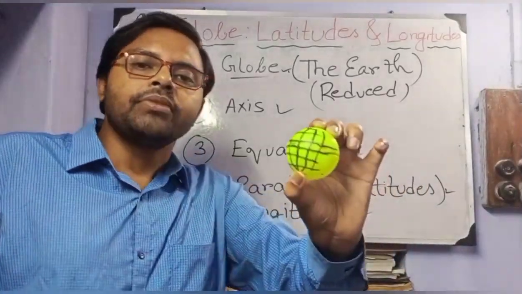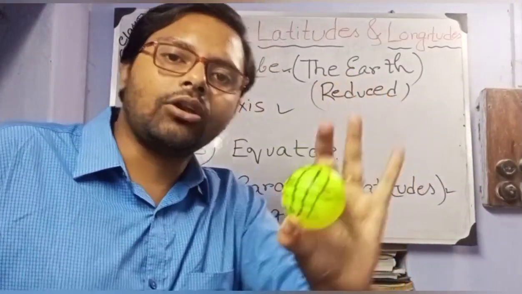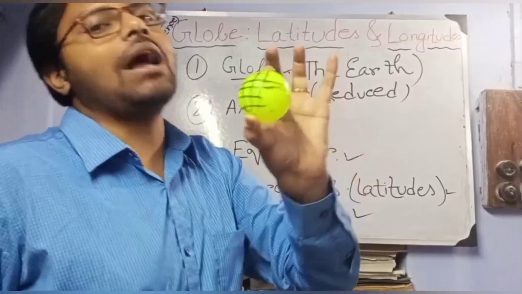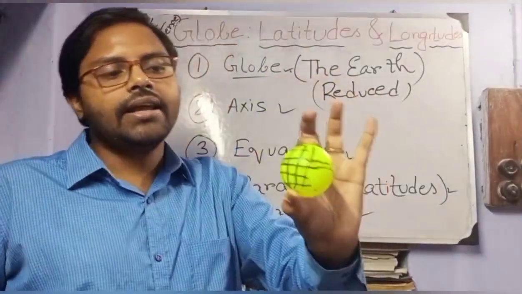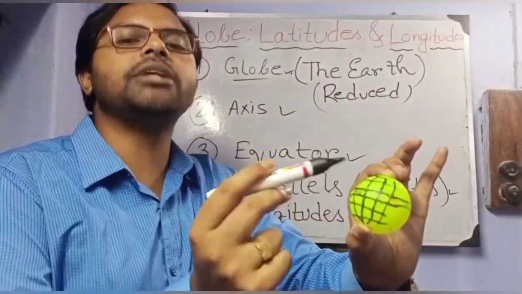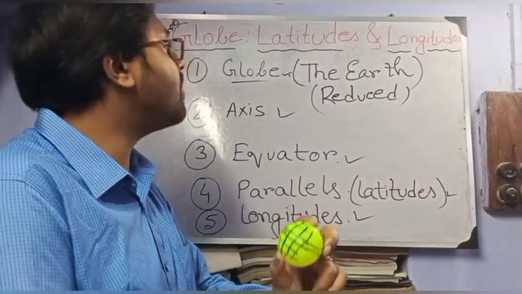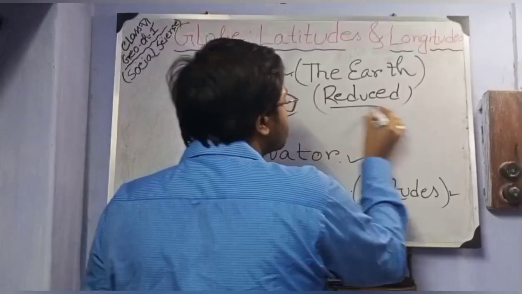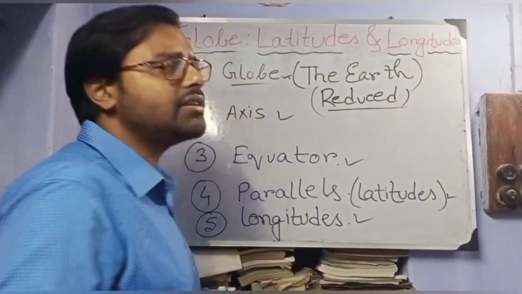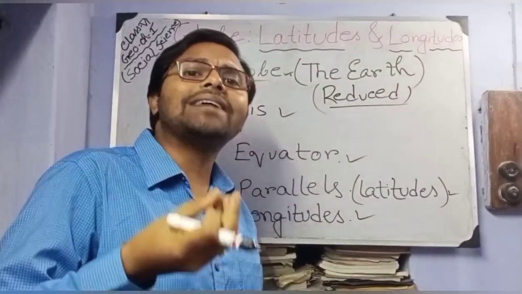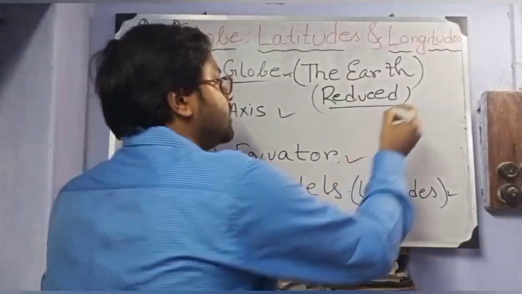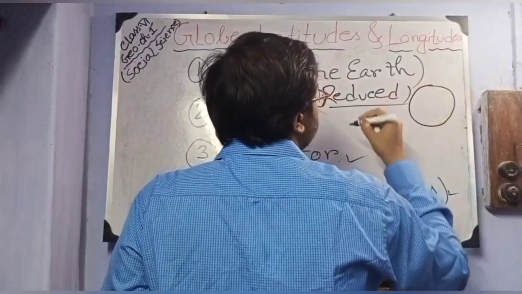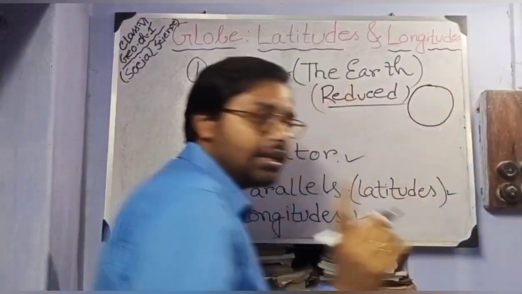If we take a ball as a globe, then we will see that it is a round shape, and here we will see different imaginary lines. So if you are asked what is globe, globe is a reduced object with a shape like the Earth. But a circle is not a globe.